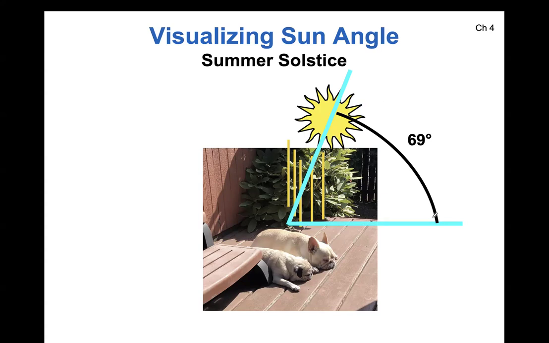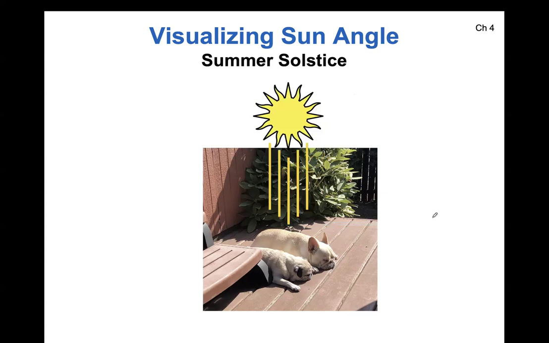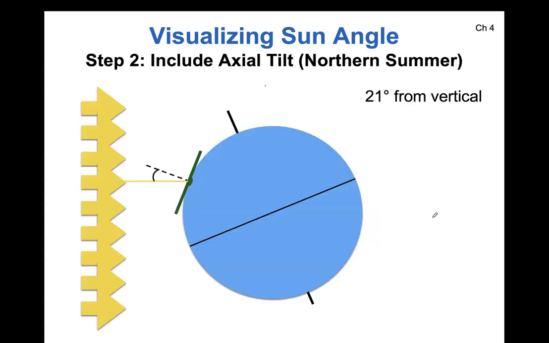So the first math I want to show you, and one of the last topics we're going to cover before we wrap up in about 2 minutes, is this 69 and how it relates to the 21. It might be obvious, and it's simple to explain. They simply sum to 90. When we talk about the angle of the sunlight relative to the vertical, which is another word for the zenith direction, that's 21.